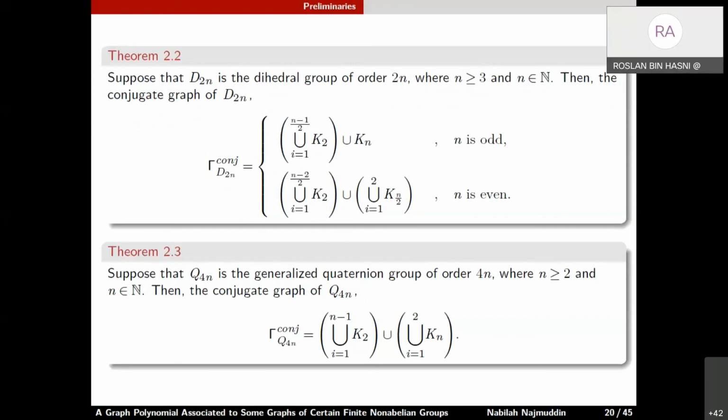So this is actually a disconnected graph, right? Right. Disconnected. Right. So do we always obtain the conjugate graph in terms of a disconnected graph?